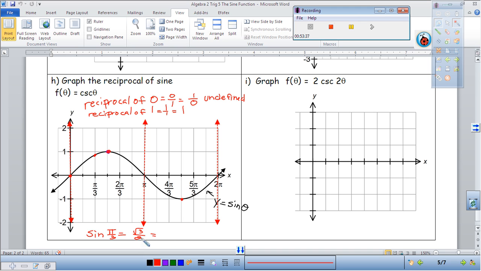Okay, so we want the reciprocal of square root 3 over 2, which is 2 over square root 3.